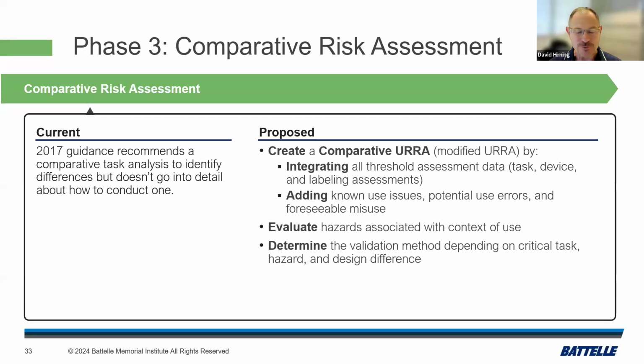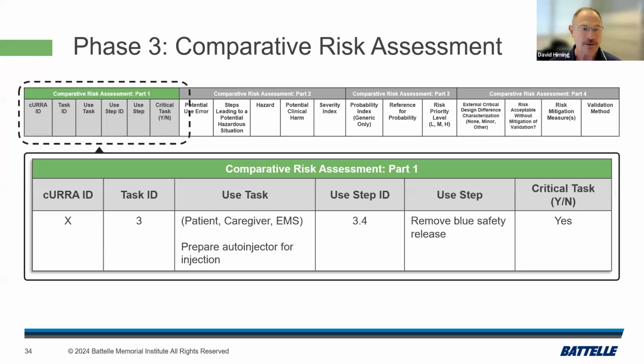I'm not going to go through those again, but as we look at the comparative risk assessment that follows, one thing to remember is once you get to this phase, you really do not want to make any adjustments to the critical task designation. Any changes to the critical task designation should have been made prior to the beginning of phase 3.